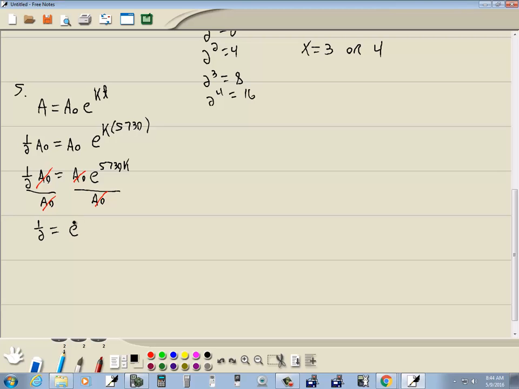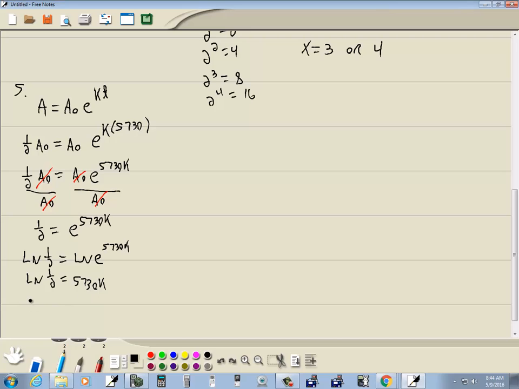is equal to e to the 5,730 k power. Now take natural log of both sides, because we're trying to solve an exponential equation. And whenever you have natural log and e, as we talked about up above, they cancel. So that gives us 5,730 k.